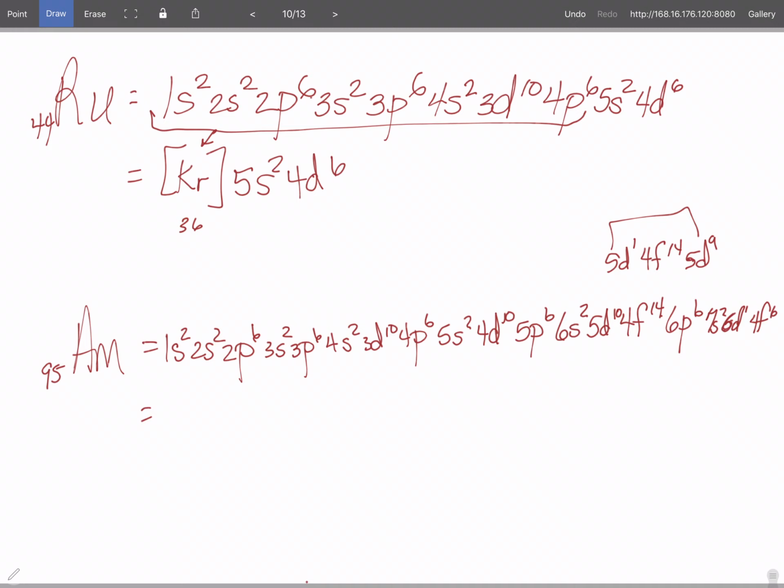Alright, so let's do the shorthand for that critter. So we're at radon, americium, where are we? Okay, so that means that radon would be our core. Now, the radon core is going to stop right here. This is our radon core right there. So then we would have 7s1, 6d1, 4f6.